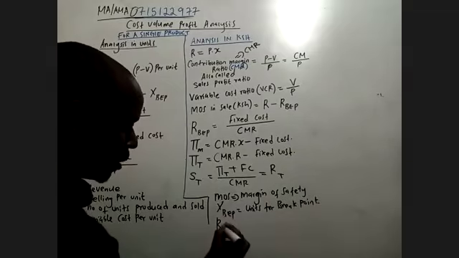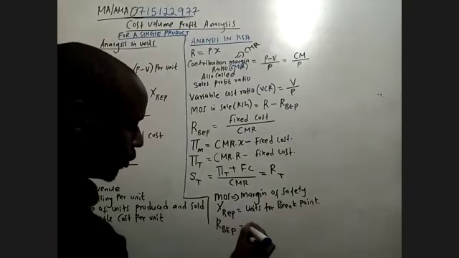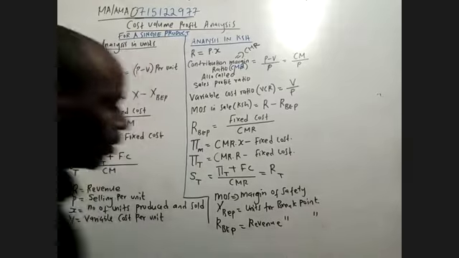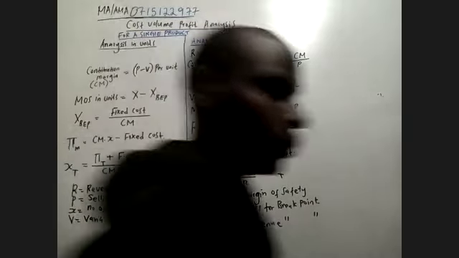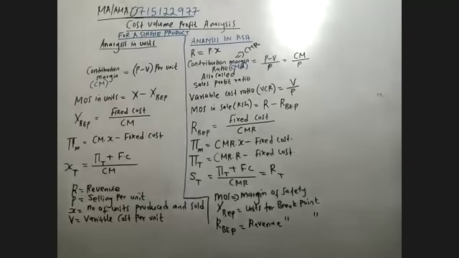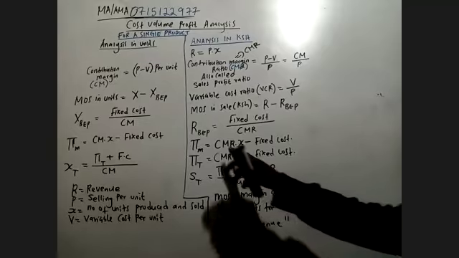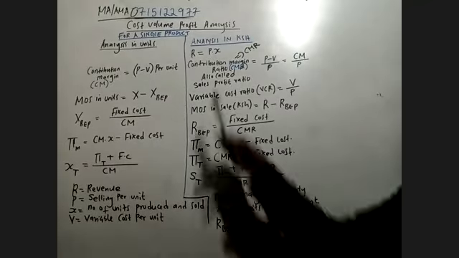R BEP, the revenue for breakeven point. CMR, contribution margin ratio, that one's okay.